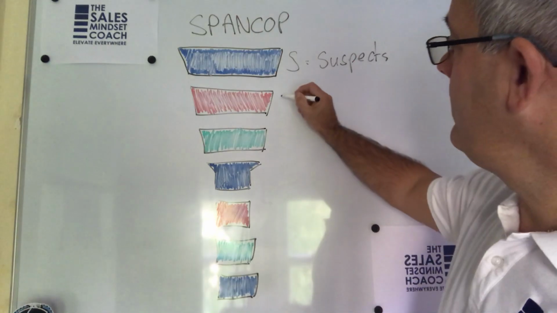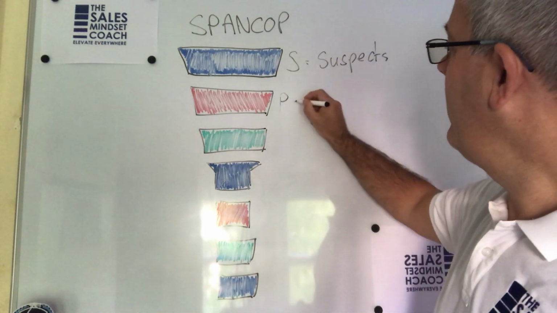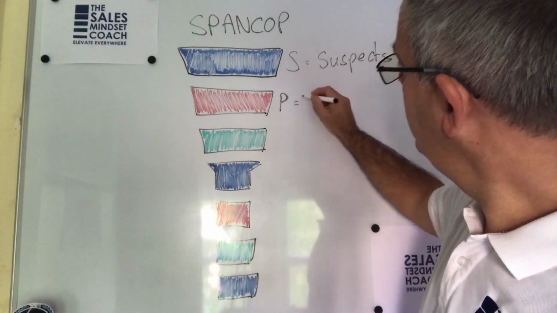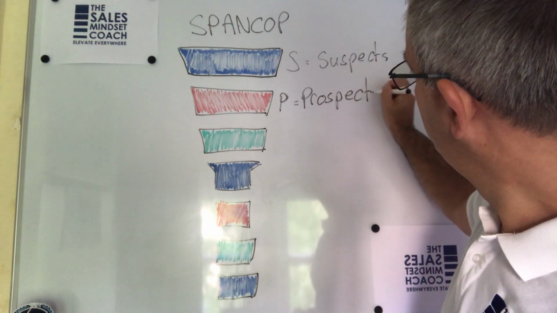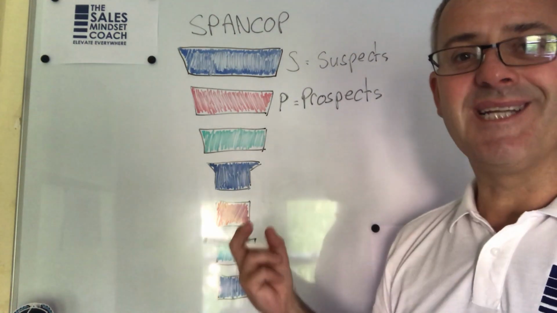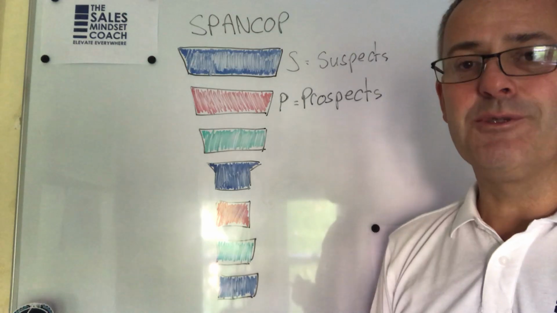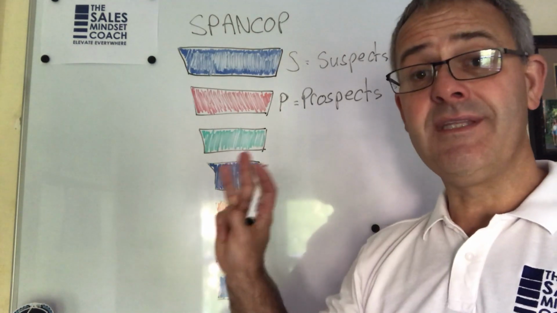The second step in the sales funnel is P, and let's make that a bit clearer, that equals prospects. Now, this is a big difference between a suspect, right? And you've often heard me talk about the difference between a suspect and a prospect is 3 things.